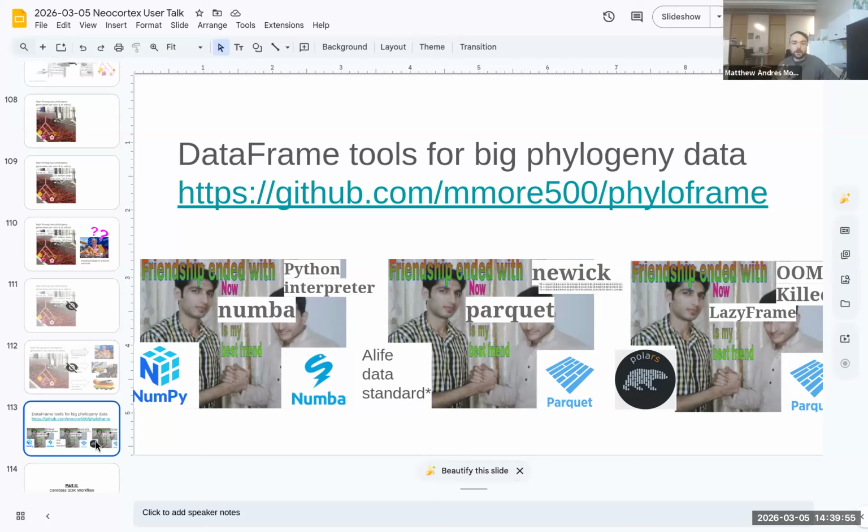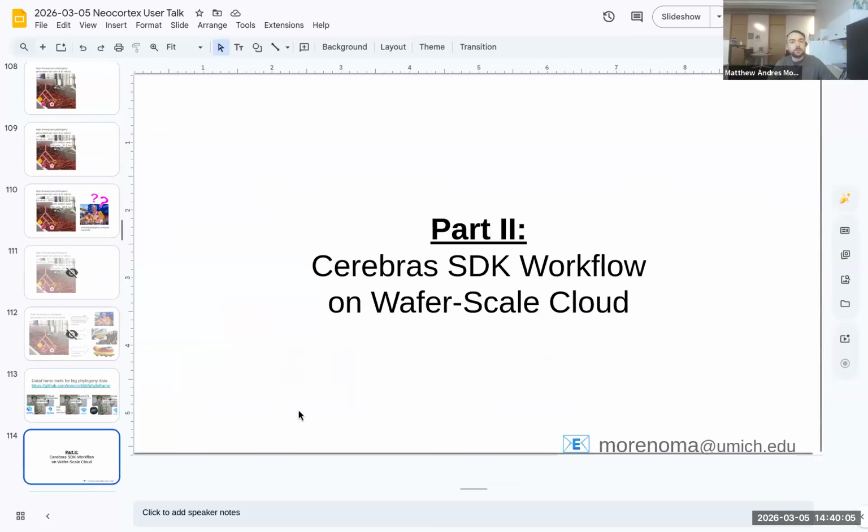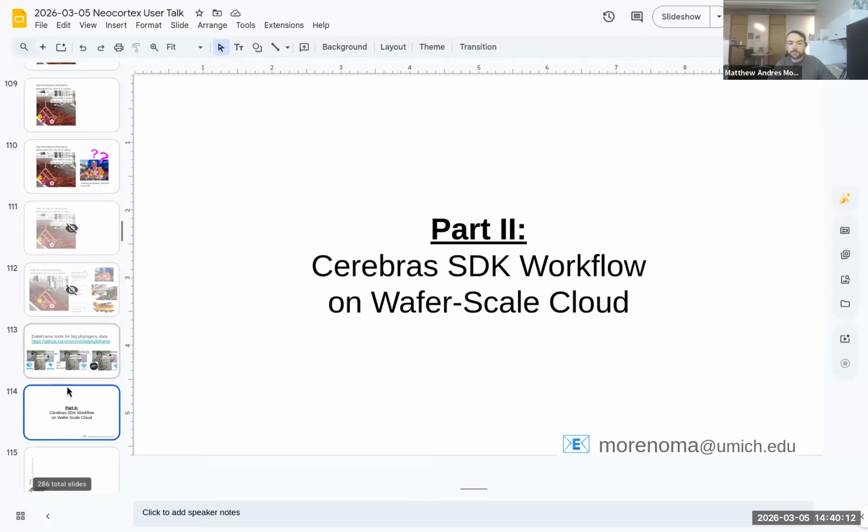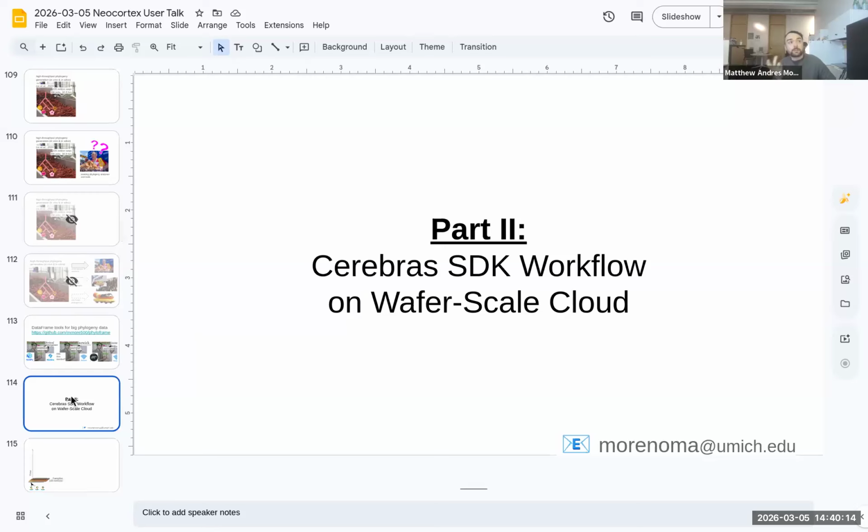I'm happy to talk or answer questions for anybody who's interested if working with large phylogenies happens to be part of your side of the world. So I think I'll pause here and take questions briefly and then get into what this actually looks like running on the Wafer-Scale Cloud.